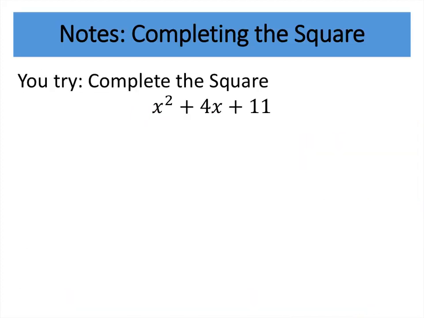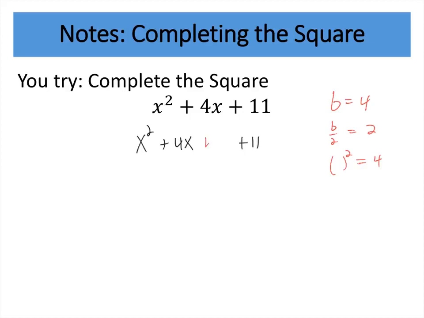So here are a couple of practice problems. We're going to take the b term. The b term is 4. We cut it in half, so that's 2, and square that number. So whatever we got before we square it is 4. So I'm going to take my x squared plus 4x plus 11.